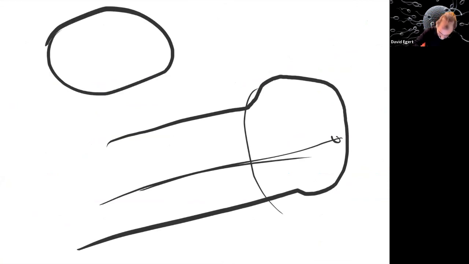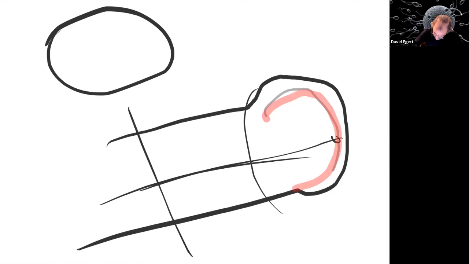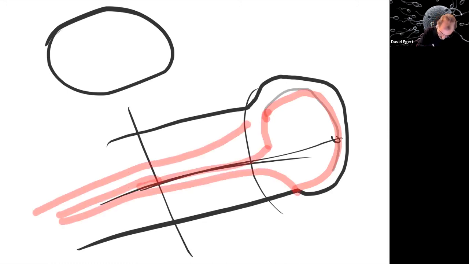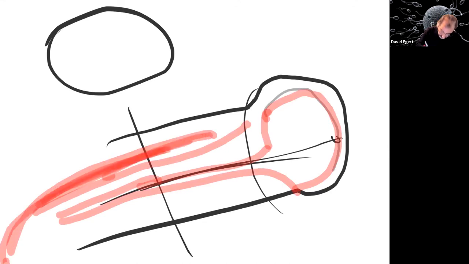If we do like the cross section, the penis has this spongy tissue in it. I'm not going to go so much into the detail of it.